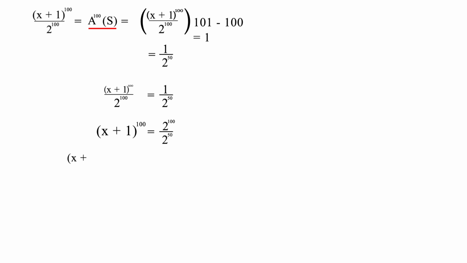So x plus 1 to the power of 100 is equal to 2 to the power of 50, right? Because it's 100 minus 50. And then I'll put this in terms of x plus 1 squared all to the 50, making the exponents the same. That's perfectly allowable. And since the exponents are the same, I can just concentrate on what's the base. And the bases are just x plus 1 squared on that side and 2 on that side.